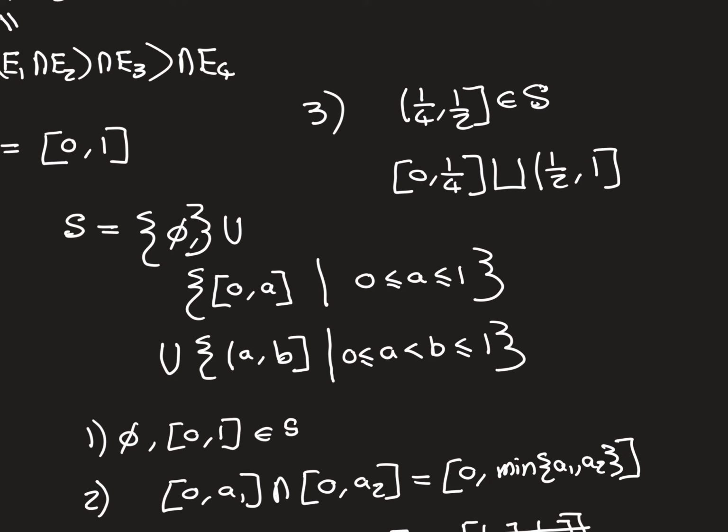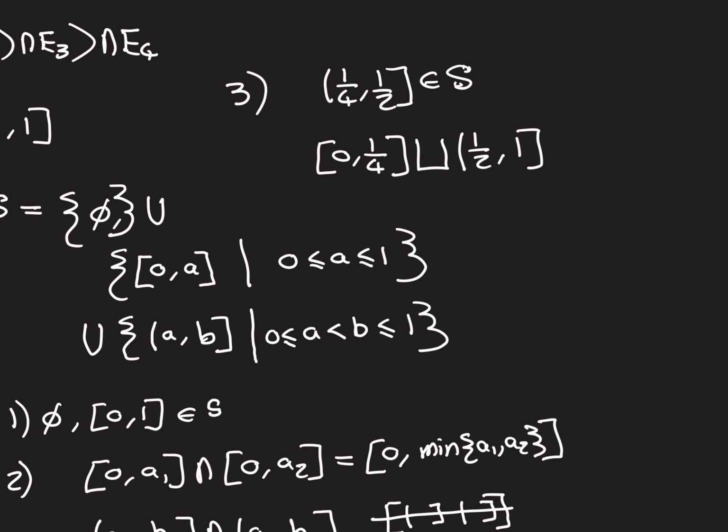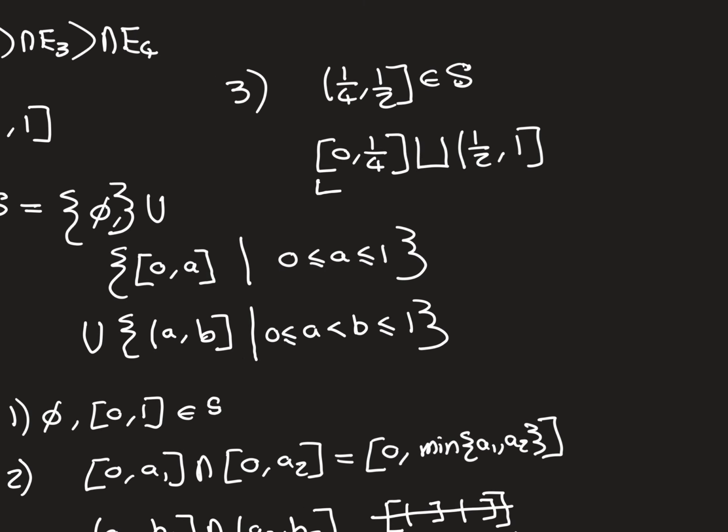It's buildable out of things that are in here because this is going to be a semi-algebra, but it's not itself actually in S. So that means that S is not an algebra, but it is going to be a semi-algebra because, as you can see, we have a disjoint union of two subsets that are both in here. So this is one of these, this is then one of these.